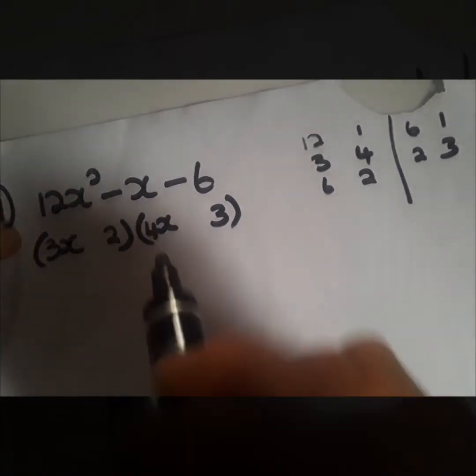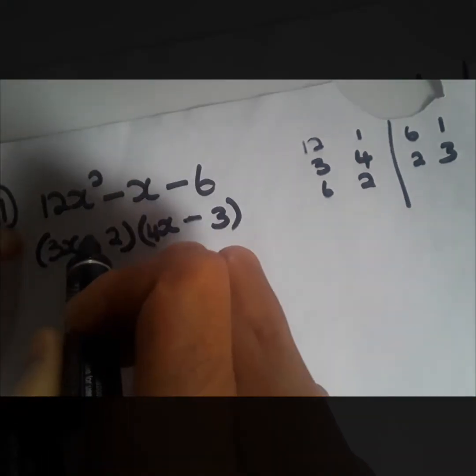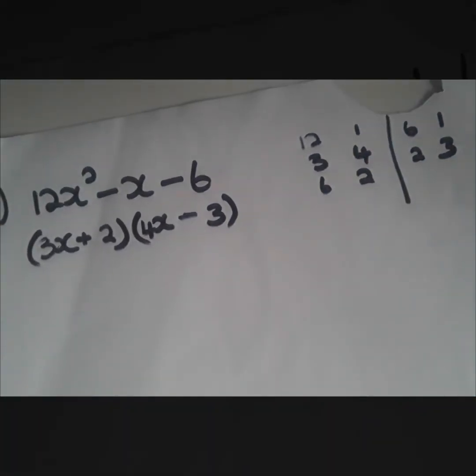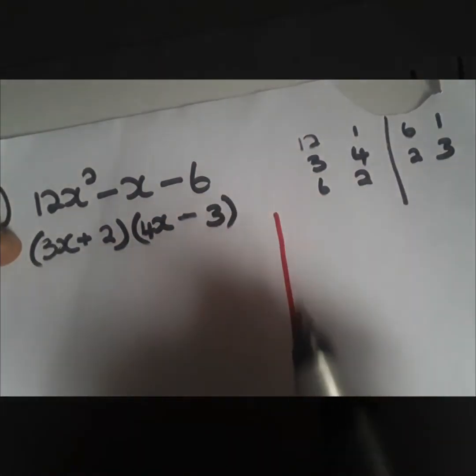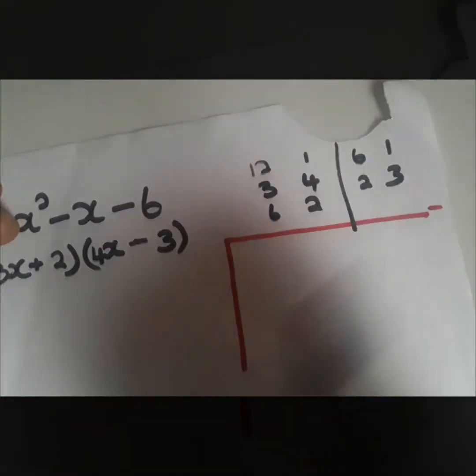Now the signs: let this one be negative and this one be positive. Like I said, you need to make sure that your factors are correct. You can only be sure by checking them.